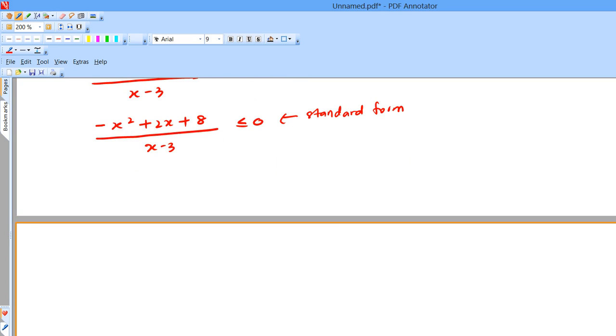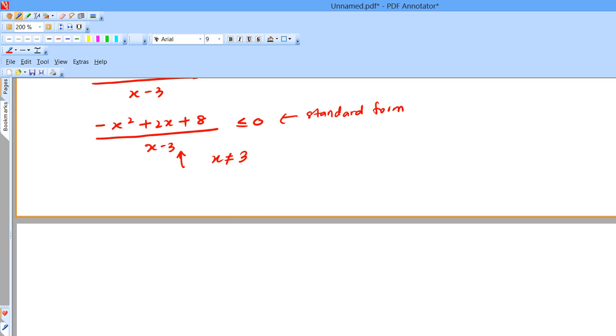But before that, remember that when we have a fraction, the function at the denominator must not equal 0. For this expression, the denominator is x minus 3, so x must not equal 3. When x equals 3, the denominator becomes 0.